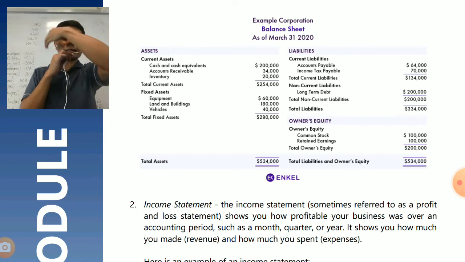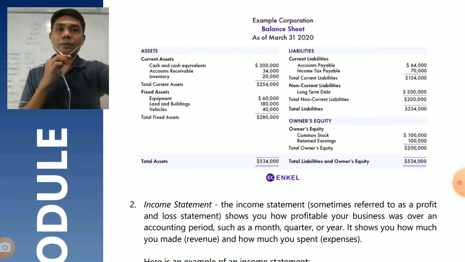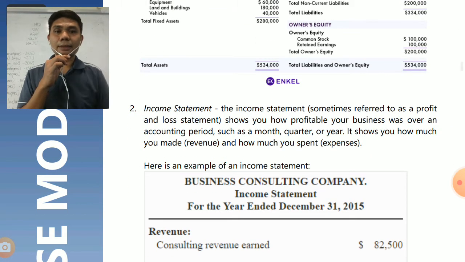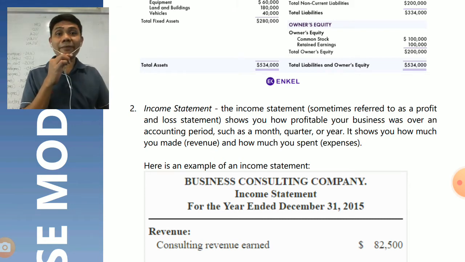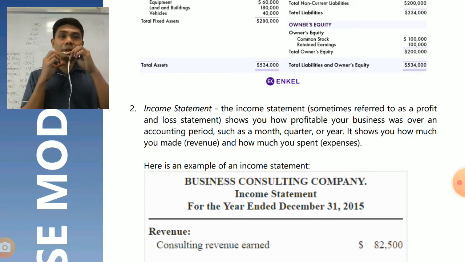So the next financial statement that we are going to discuss is the income statement. Mao ni ang report or financial statement nga magpakita pila ang revenue, pila ang profit or gain sa business. Usahay dili profit, net loss ang makita nimo, di ba?